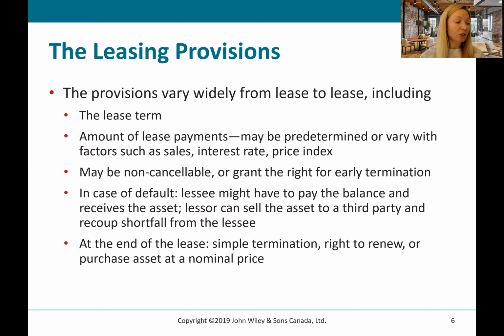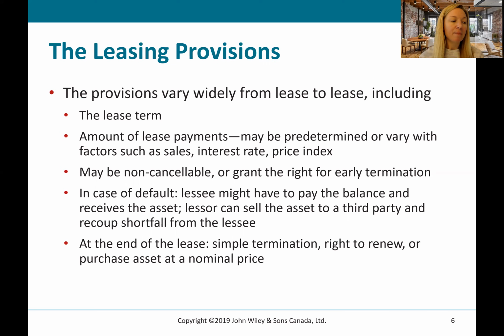The lease term could be anything from a short period of time to the entire economic life of the asset. The lease payments may be the same each month, or they may increase or decrease, or they could be predetermined, or they could be paid in relation to sales or some sort of consumer price index or other factor.